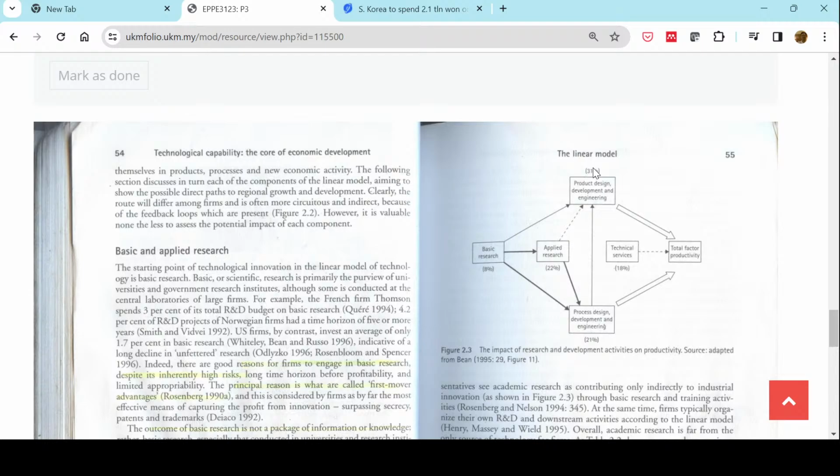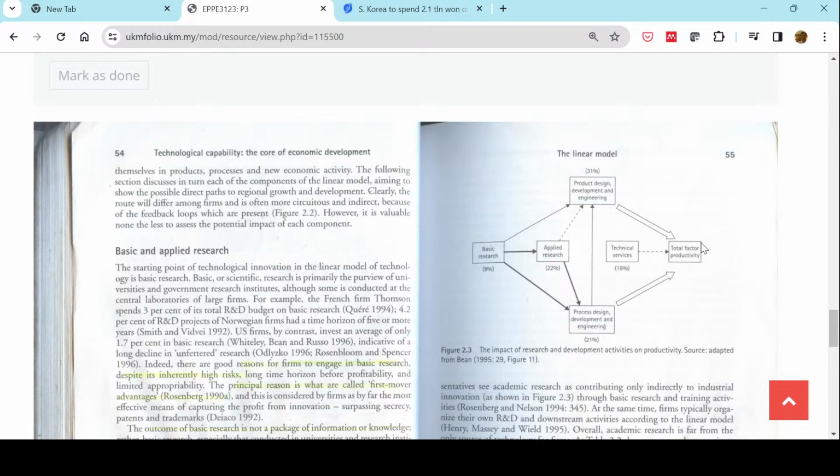And basic research fits into applied research by the companies. So there's a 22% contribution that fits into product design, fits into process design, and they have this arrow, and these technical services. This can come from consultants, and that's 18%. That's the breakdown for the contribution to total factor productivity.